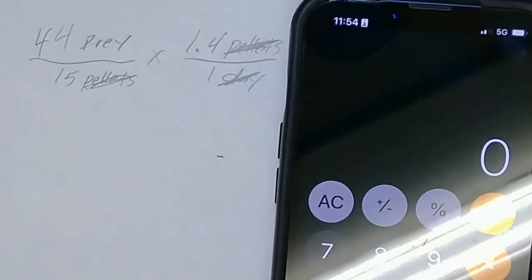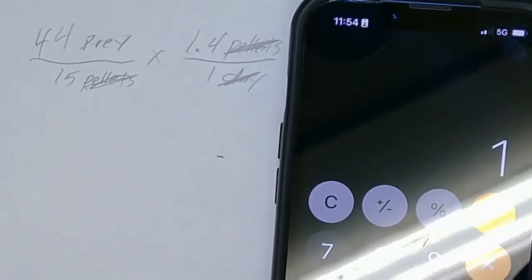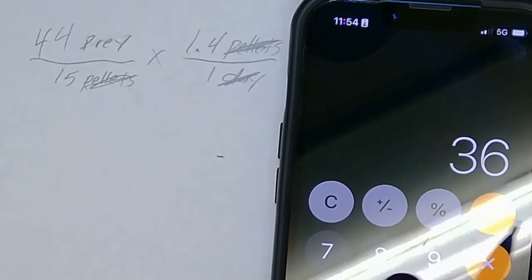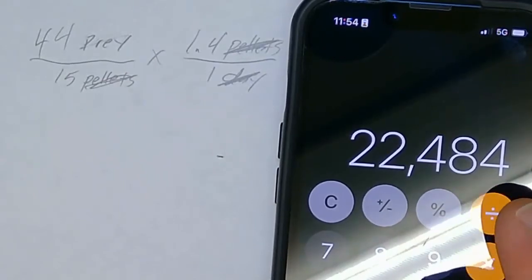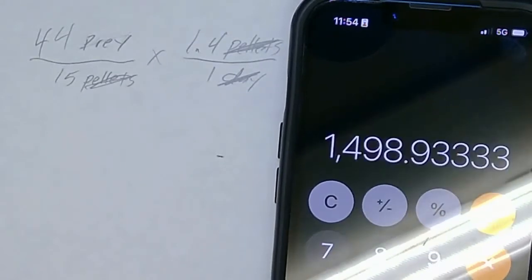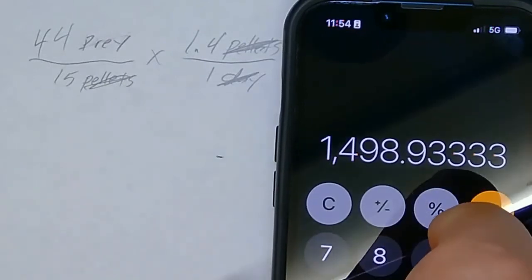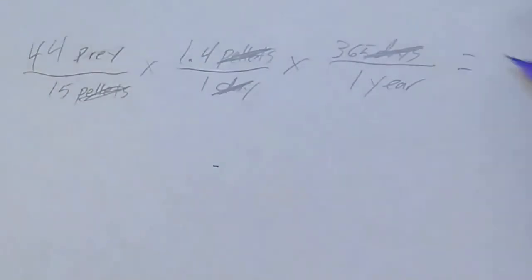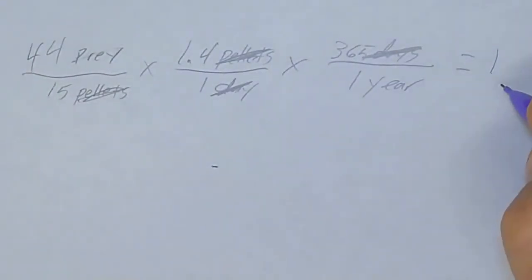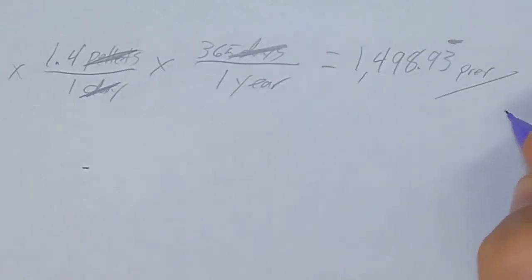So we input on our calculator, or do in our head, 44 times 1.4 times 365, divide by 15. 1,498.93 repeating, and that is prey per year.